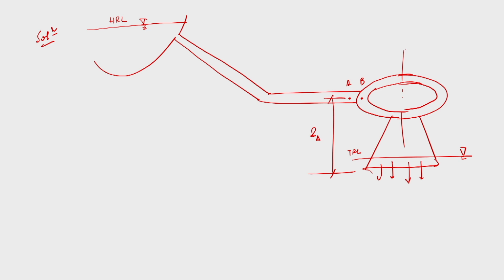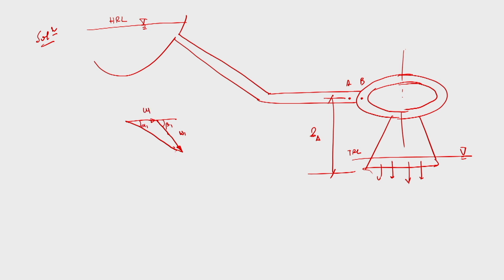Right. Now if you draw the velocity triangles, how can we obtain them? We can obtain the inlet velocity triangle. So this is U1, this is W1, and this is C1. This angle is beta 1, this angle is alpha 1.